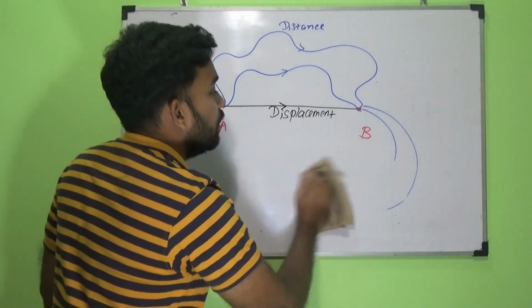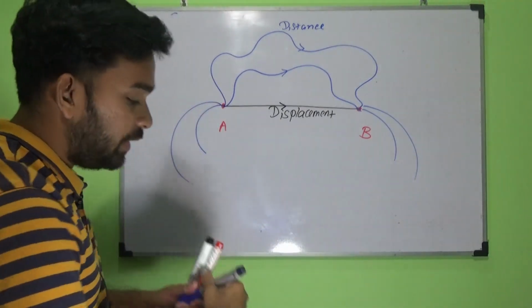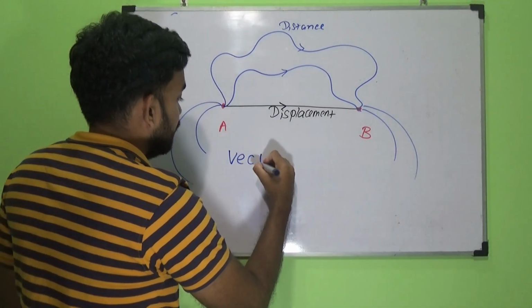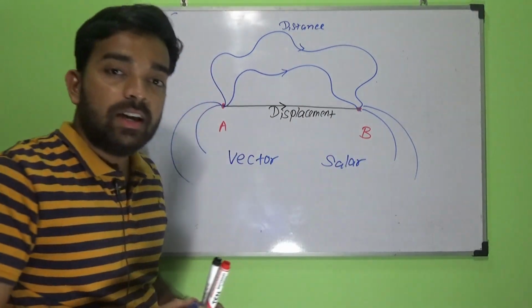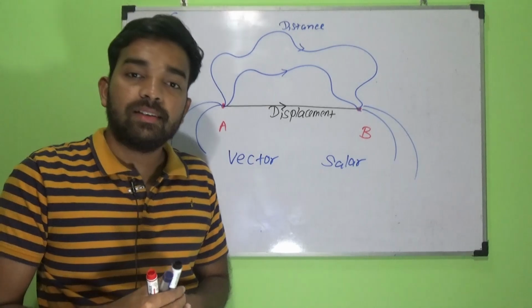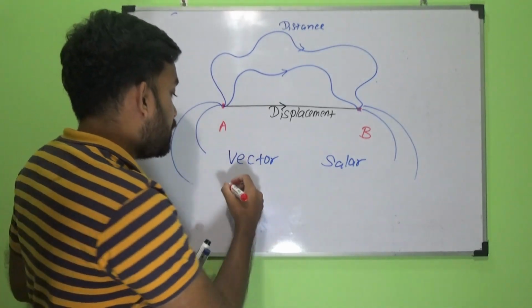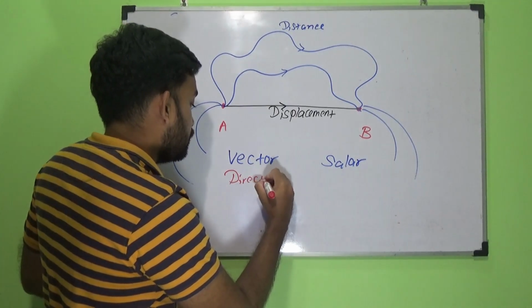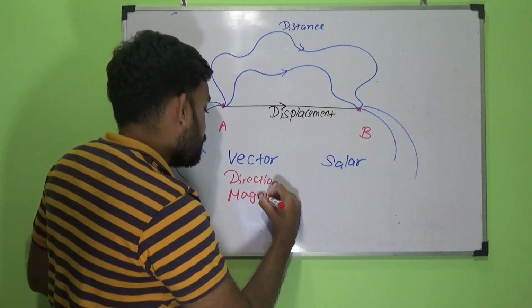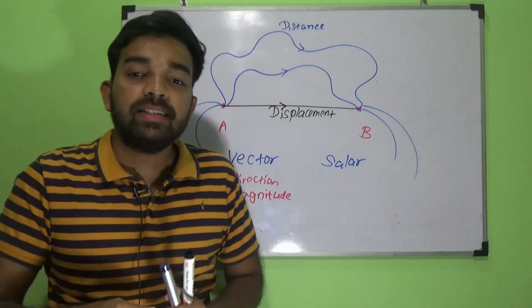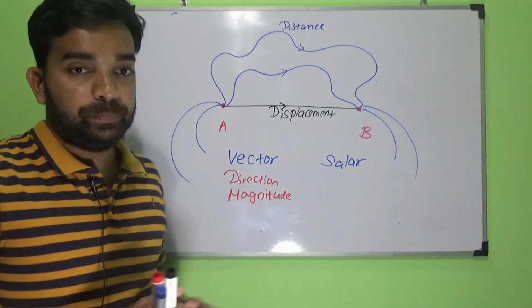So when it comes to the vector quantities and the scalar quantities, vectors and scalars, right? If something has both a direction and a magnitude, this is known as a vector.